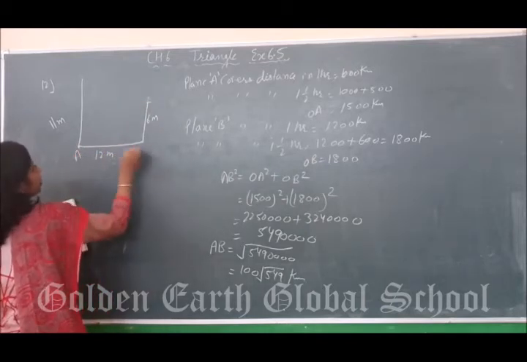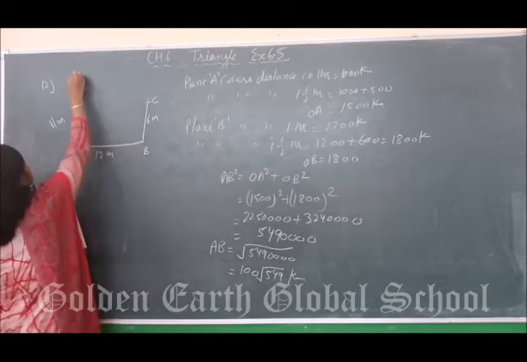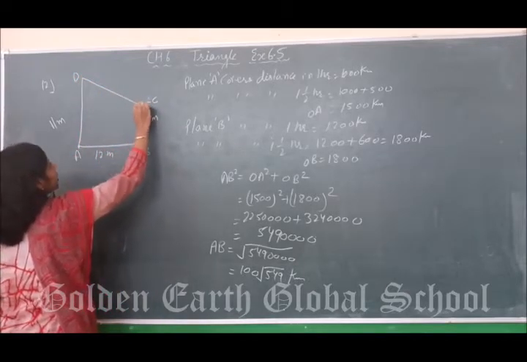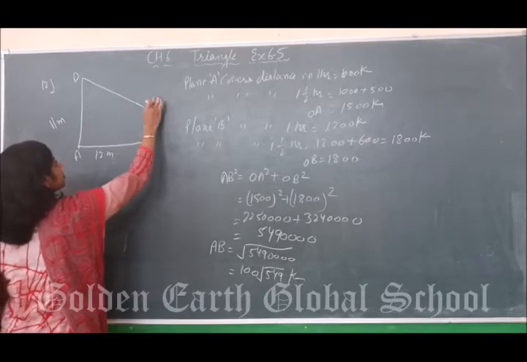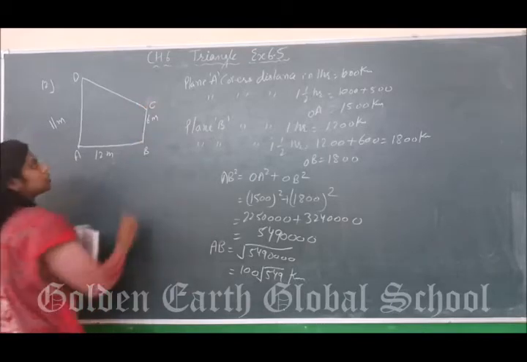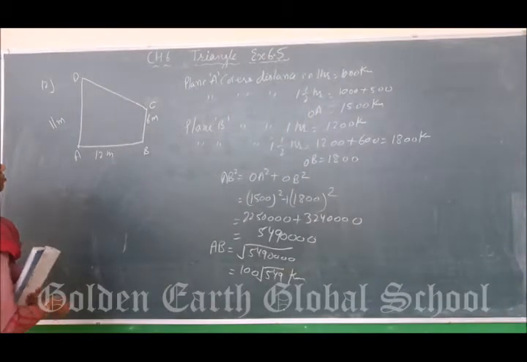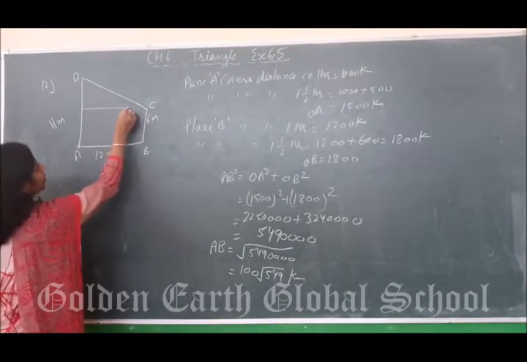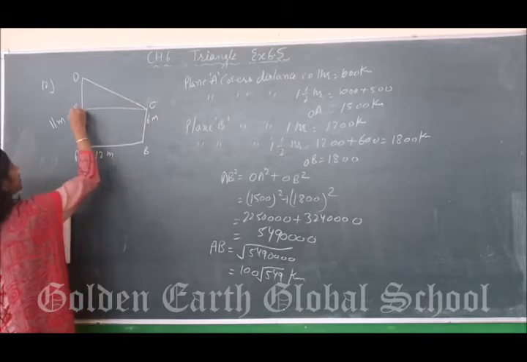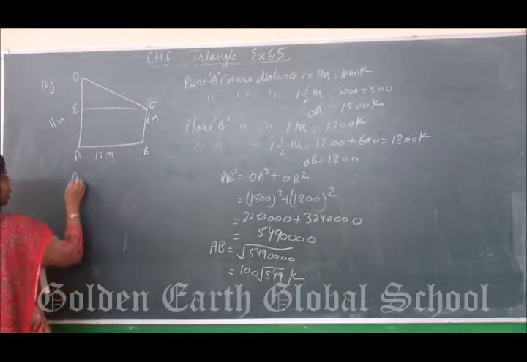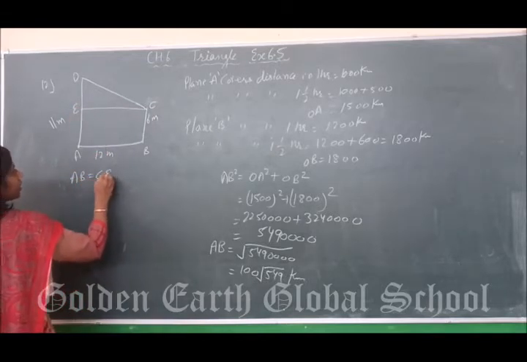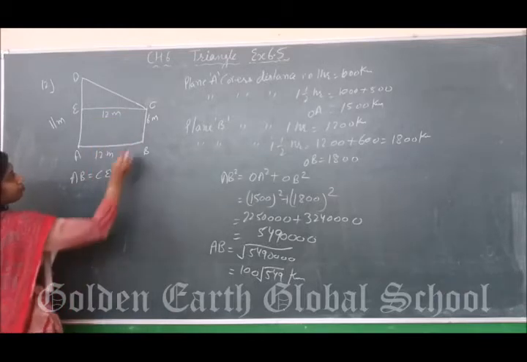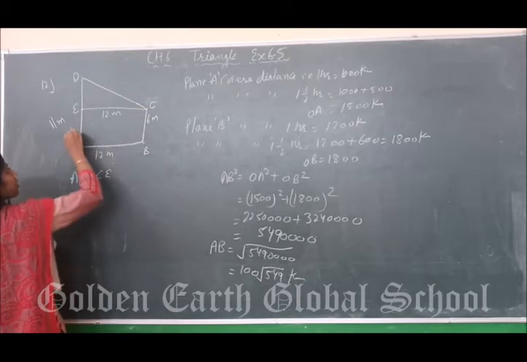This is AB, C, this point is D. So we have to find the distance CD. So from C point draw a line parallel to AB. This point is E. It means to say AB and CE are the same, that is 12 meter. Now if BC is 6, then AE is also 6.